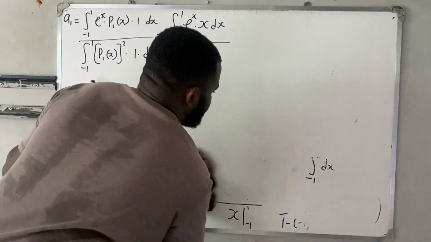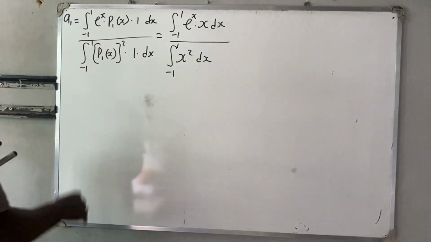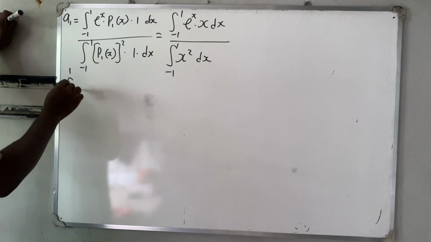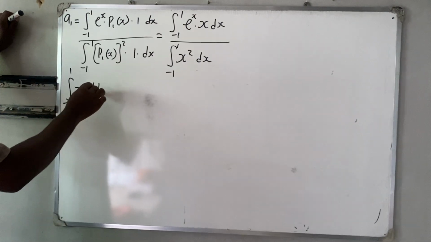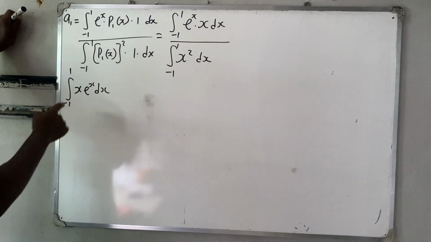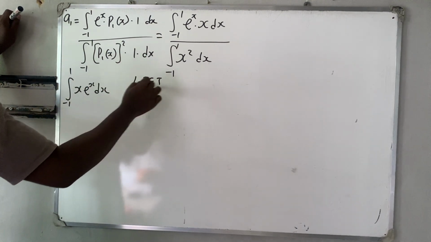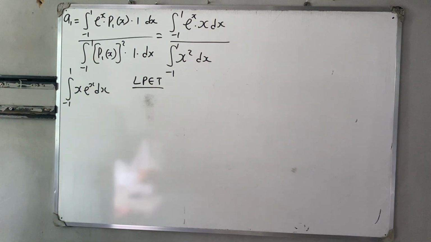So now, if you look at that one above, you see that it needs integration by parts. So we have to do the integration by parts. This is the integral from minus 1 to 1 of x exponential x dx. Integration by parts, let's use LIATE like this. So watch my video on integration to understand it.